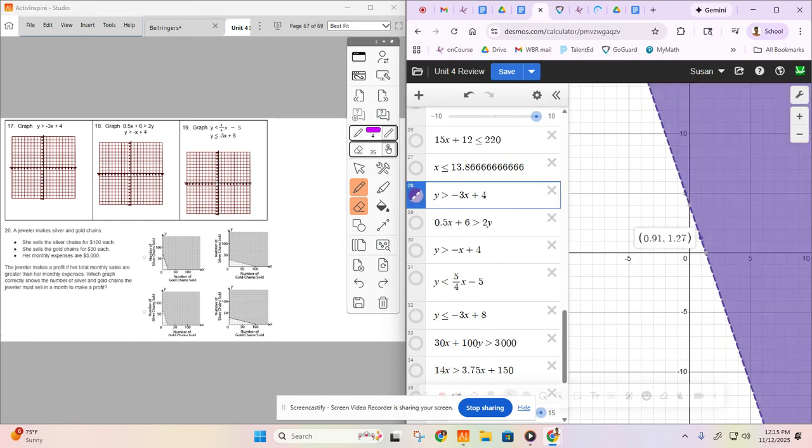This point here, it's going through 1, 1, and 0, 4. 0, 4 is right here, 1, 1 is right here. It is a dashed line, so I'm just gonna do dashed. And the shading is up to the other side, to the right side.